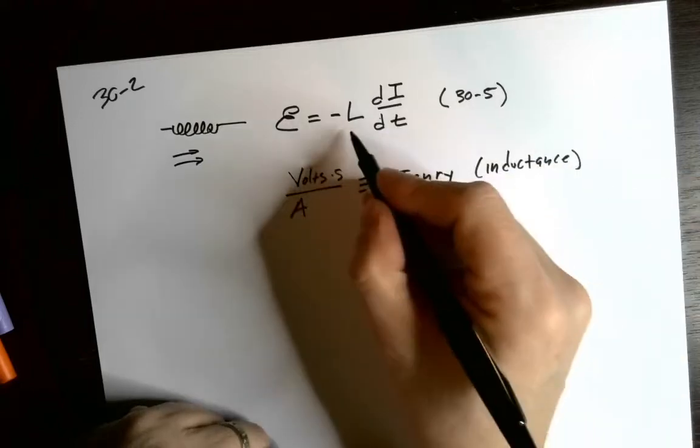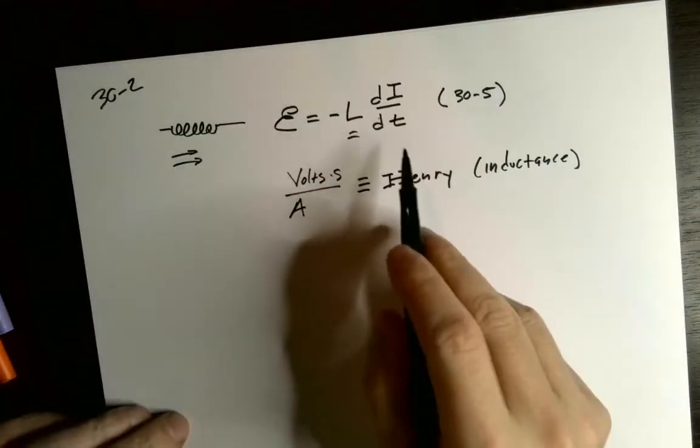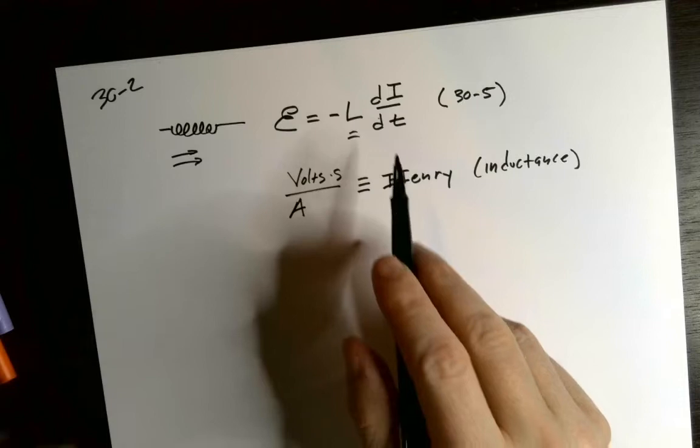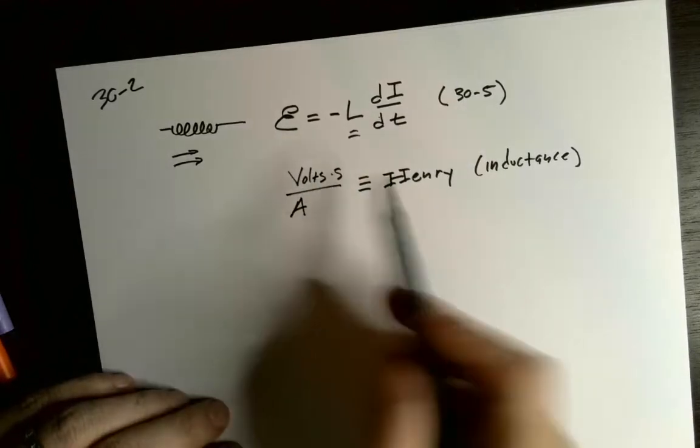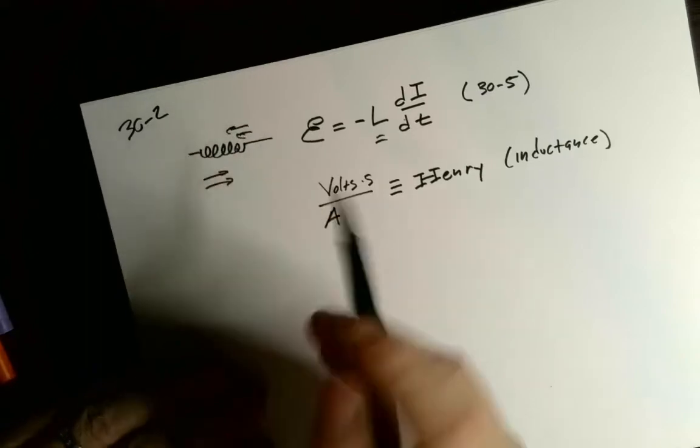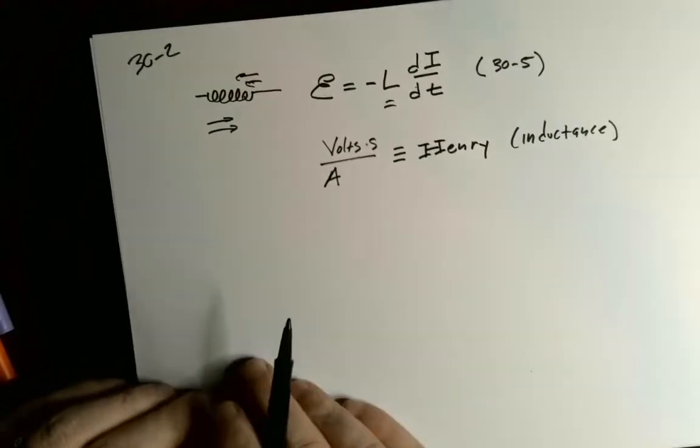So the inductance is this constant of proportionality between the rate of change of the current and the induced EMF, the induced back EMF that resists that change in current.